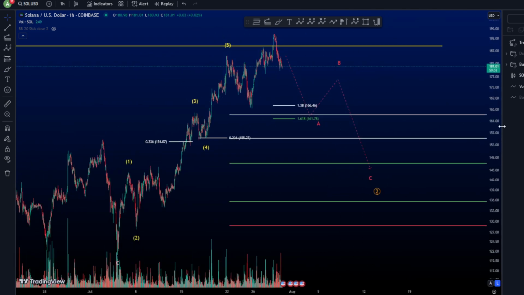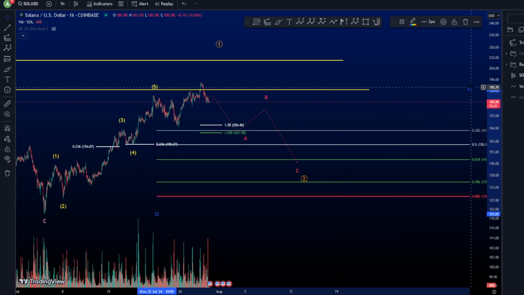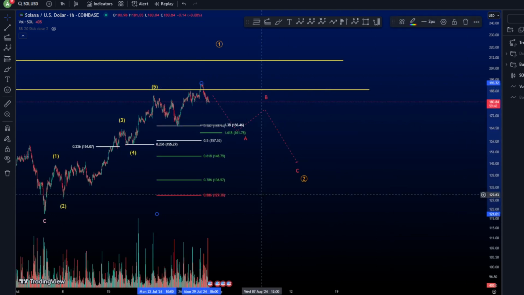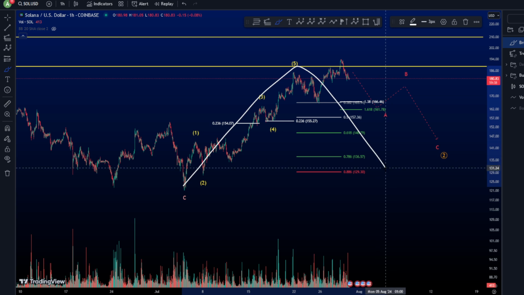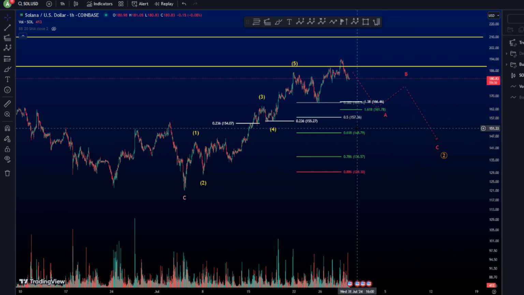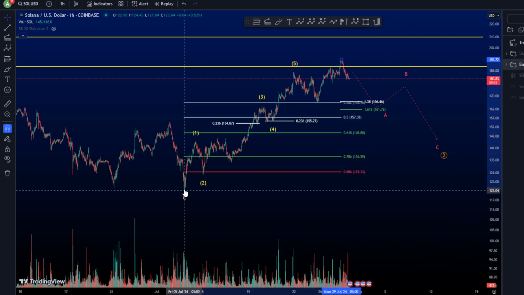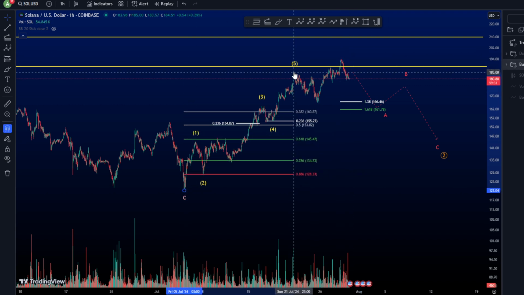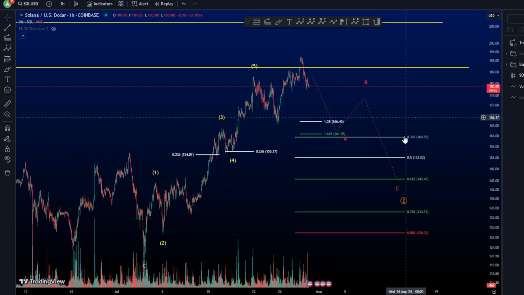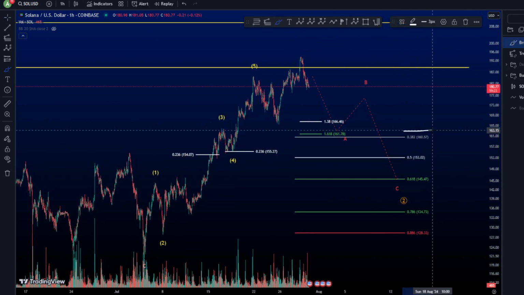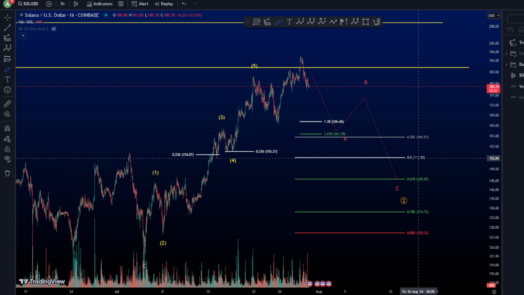As well, more things if we have this as a wave 2, because now we have to think what is that here. So this is 1 and 2, right? We are looking for a 2. So if this is the 1, and I should take the 1 from here now, then I'm also expecting a minimum fib level at 0.38 Fibonacci level, which is 160, a very psychological number, right?